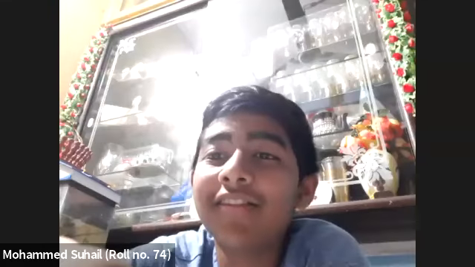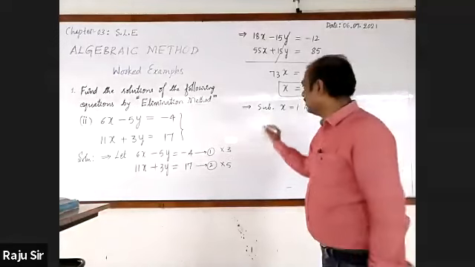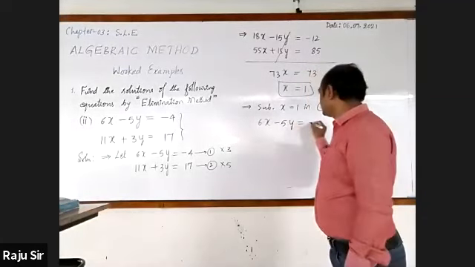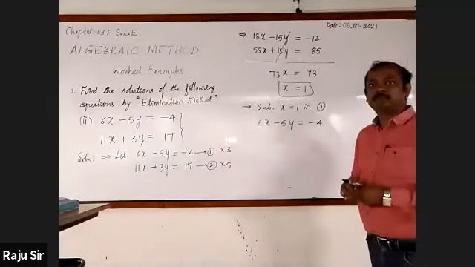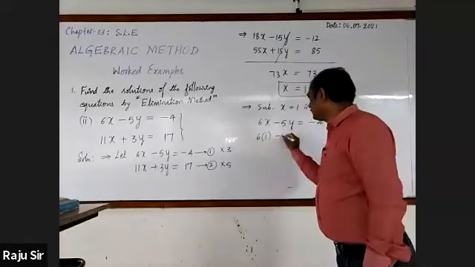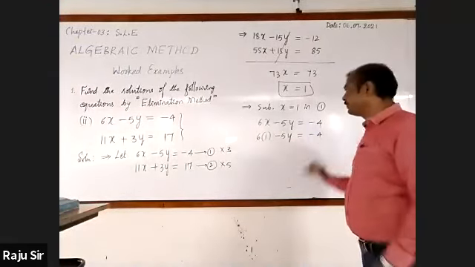First one, sir. Okay. Right. Substitute x equal to 1 in equation 1. I'll write equation 1: 6x minus 5y is equal to -4. Substitute 1 in place of x: 6 into 1 minus 5y is equal to -4.